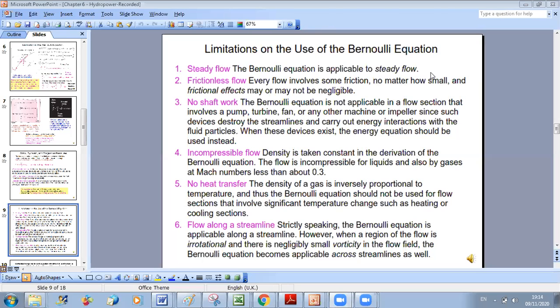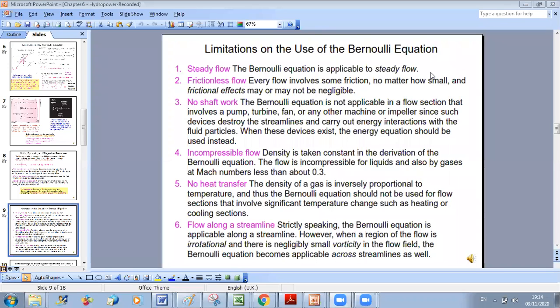Okay, which is the Mach number is the ratio of the flow velocity over the speed of sound. So the fifth condition is I don't have heat transfer because I don't allow losses. This is why I should not have heat transfer. And finally, I should have a flow along a streamline.